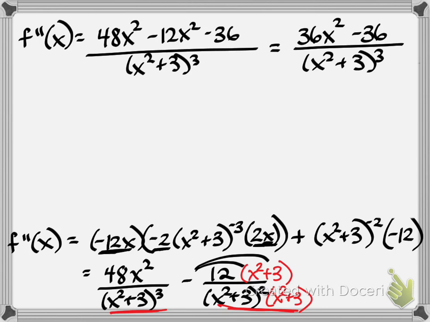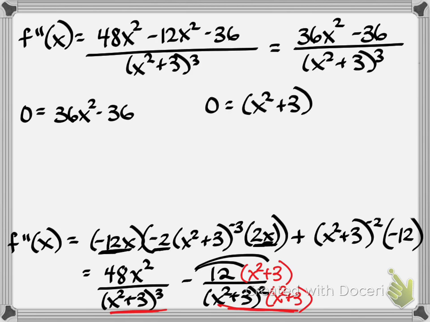So we will set the numerator equal to 0, and the denominator equal to 0. And this will help us to find our possible points of inflection. Here, since we don't have all three pieces of the quadratic, we can just add the 36, solve for x, divide by 36, and take our square root.